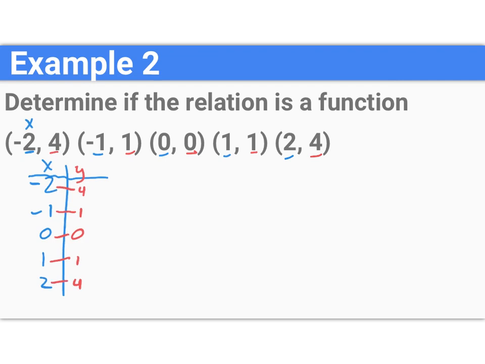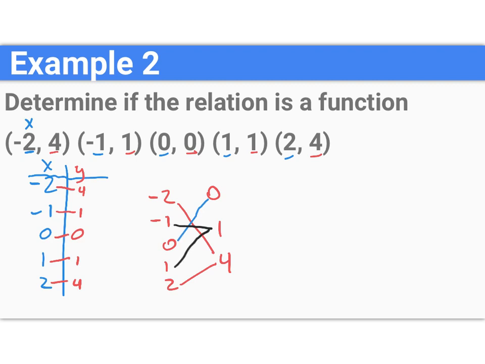So if I was to draw this differently, and I had 0, 1, and 4, I see -2 and +2 going to 4. I see 0 going to 0, and 1 and -1 going to 1.